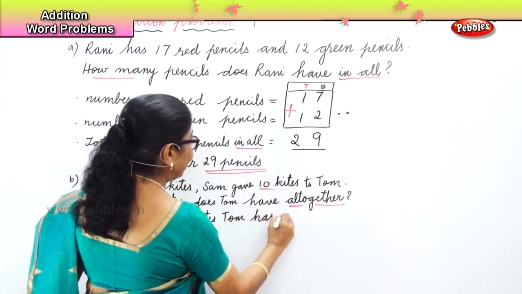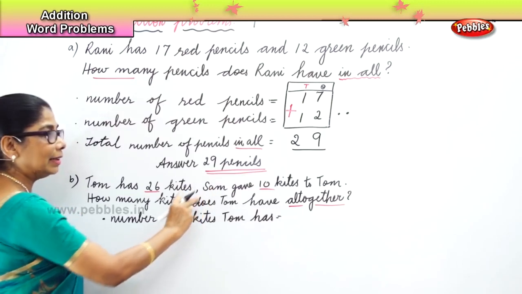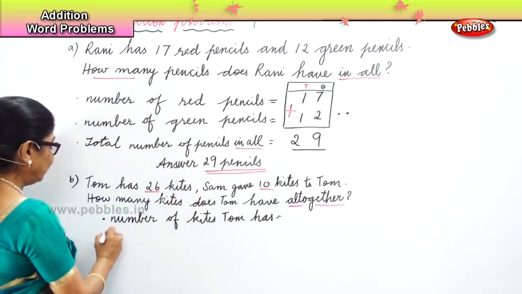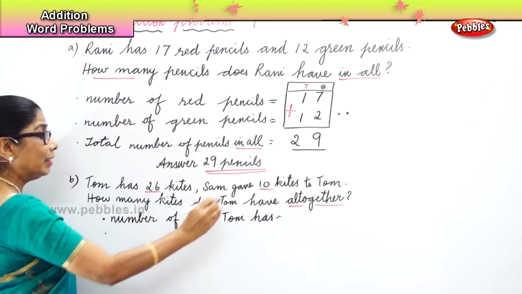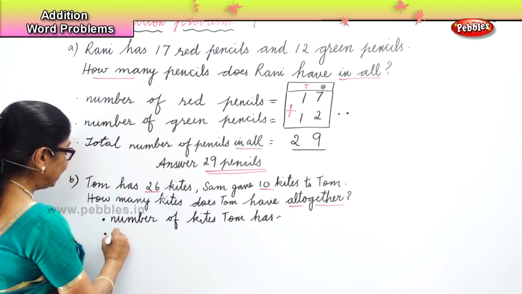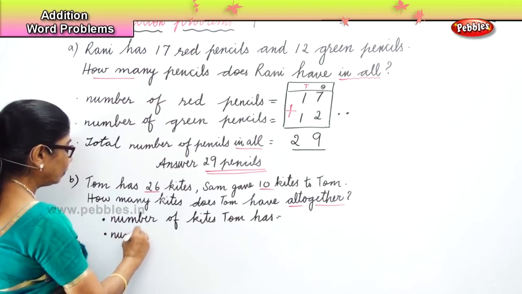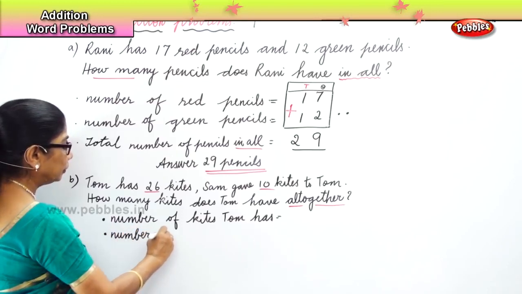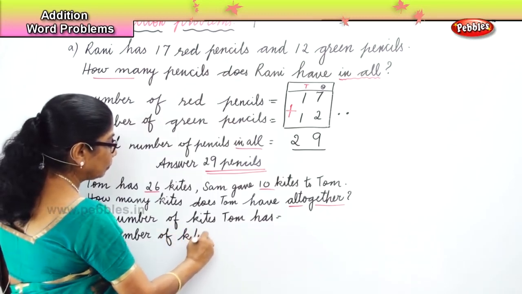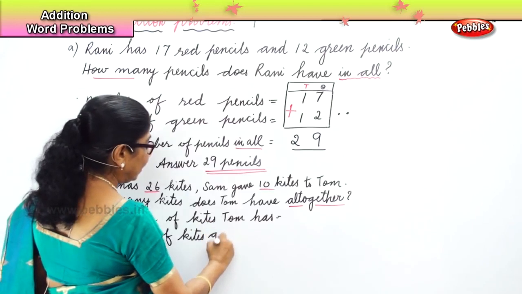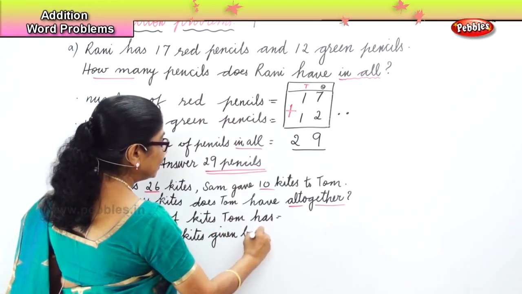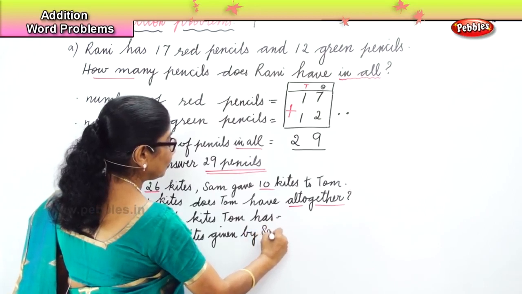What will be the next statement? Number of kites given by Sam.